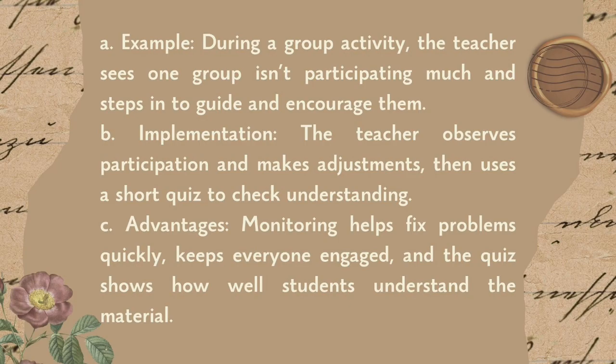Later, a short quiz assesses student understanding of the material covered in the activity. Advantage: regular monitoring helps identify and address issues in real time, ensuring that all students are actively engaged. Assessments provide feedback on students' progress and highlight areas that may need further review.